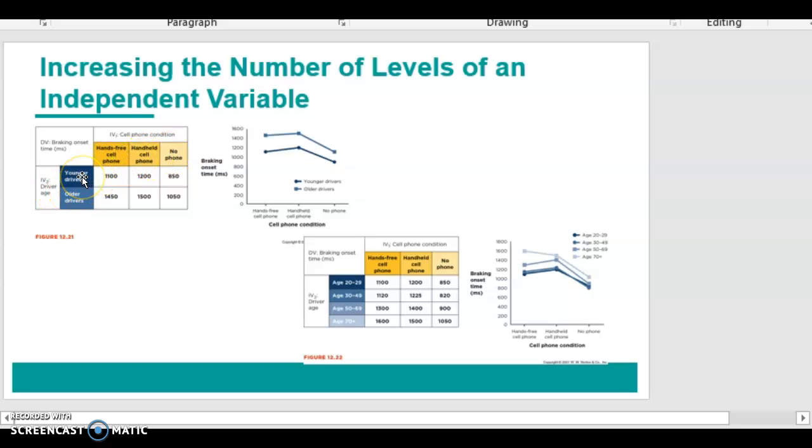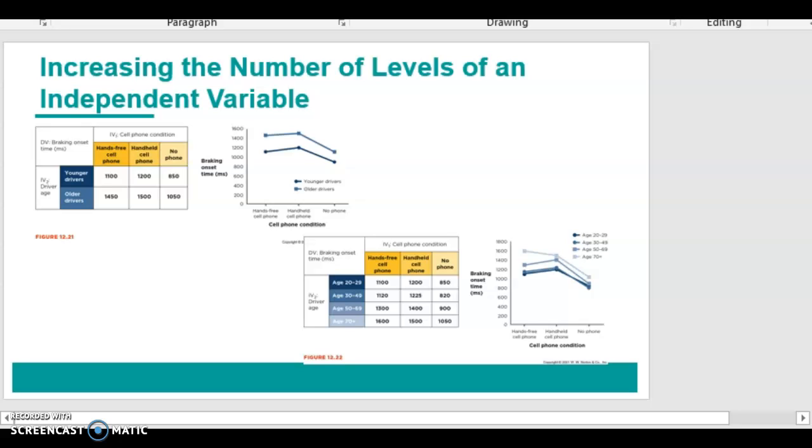And then they have their age, 1, 2. This would change the number of cells, whereas before it would have just been 1, 2, 3, 4, now it's 1, 2, 3, 4, 5, 6.